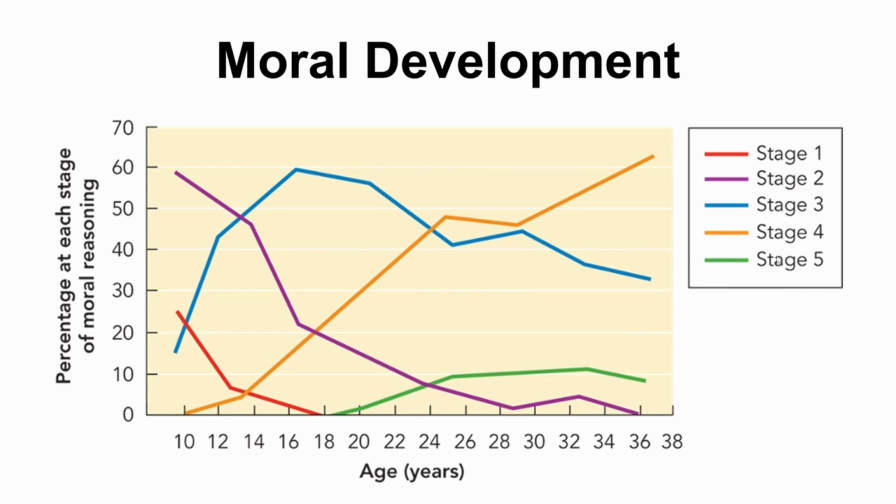And then interestingly, stage 5, that last level that we talked about, where people make up their own decisions, their own values based on their own experiences, only starts appearing in adulthood, but it never really gets as common as some of our other stages. So very few people end up progressing all the way to this stage.